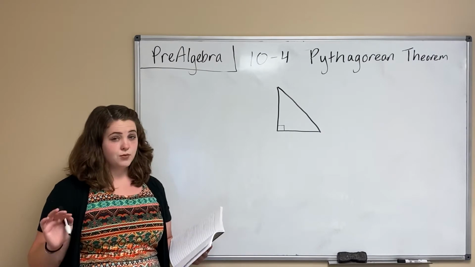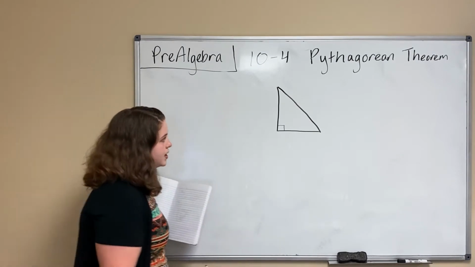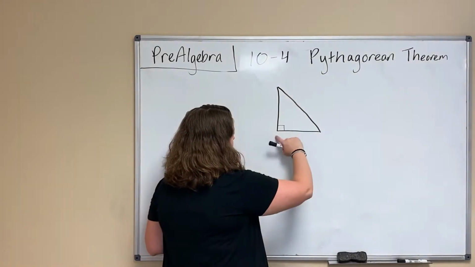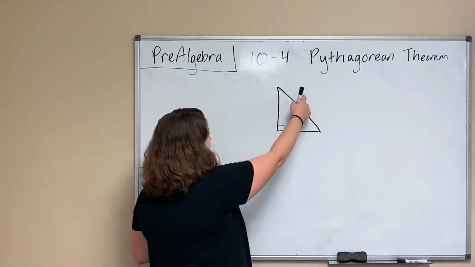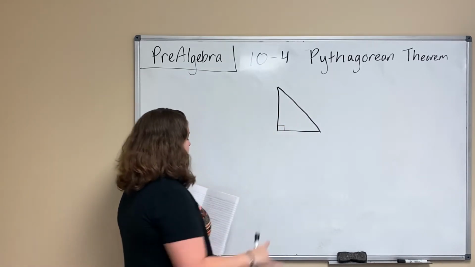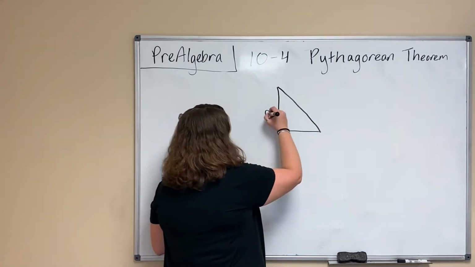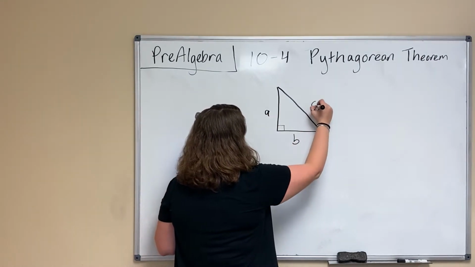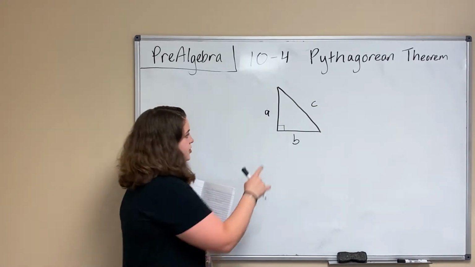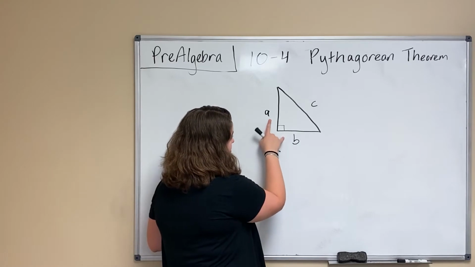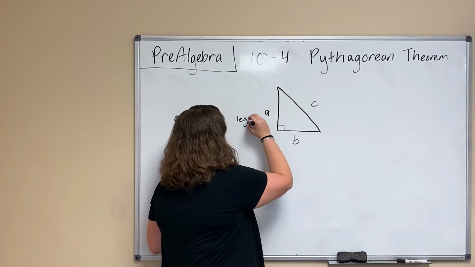In a right triangle, there will always be one side opposite the right angle that's the longest side, and then two shorter sides. We label those A, B, C. The shorter sides we call legs of the triangle.